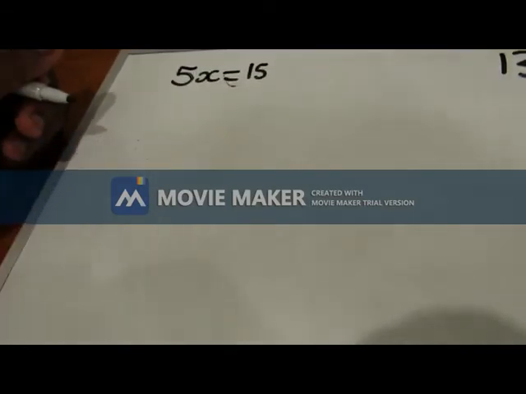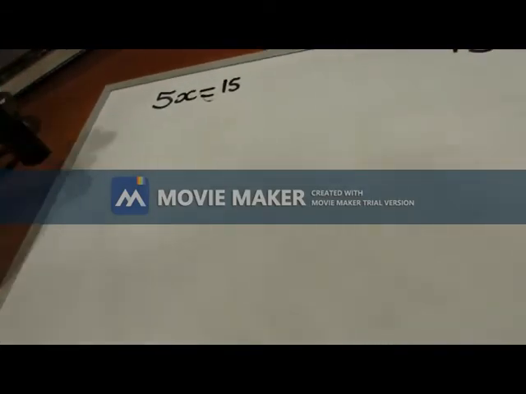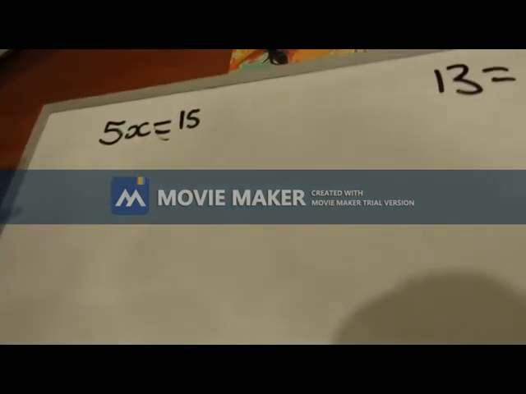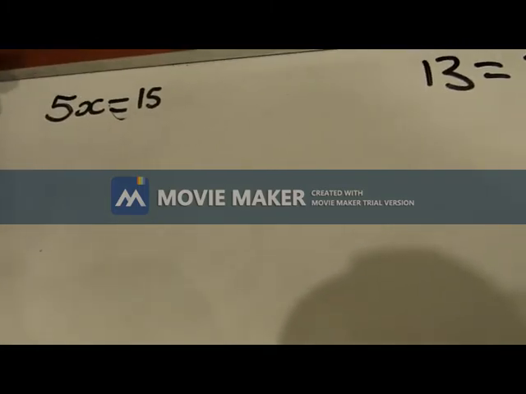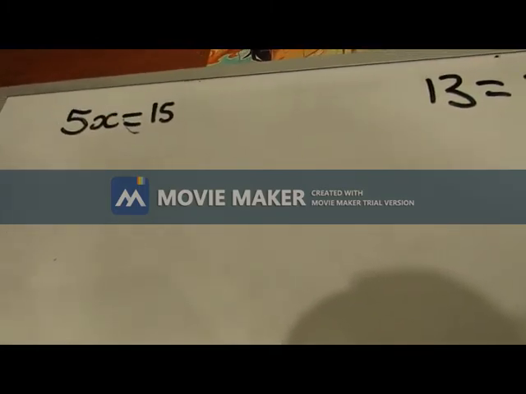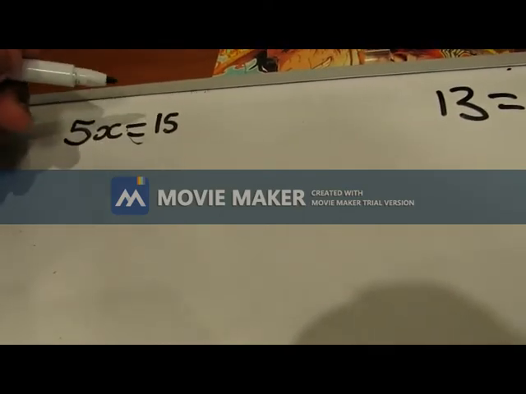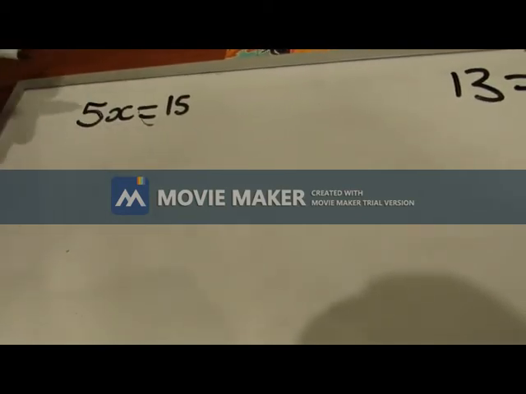I thought I'd quickly go through linear equations as well, because it's going to be important this year and next year. So, how to solve for x. The question says 5x equals 15, and all you have to do is get x on its own. How do you do that? You divide by 5 on both sides.